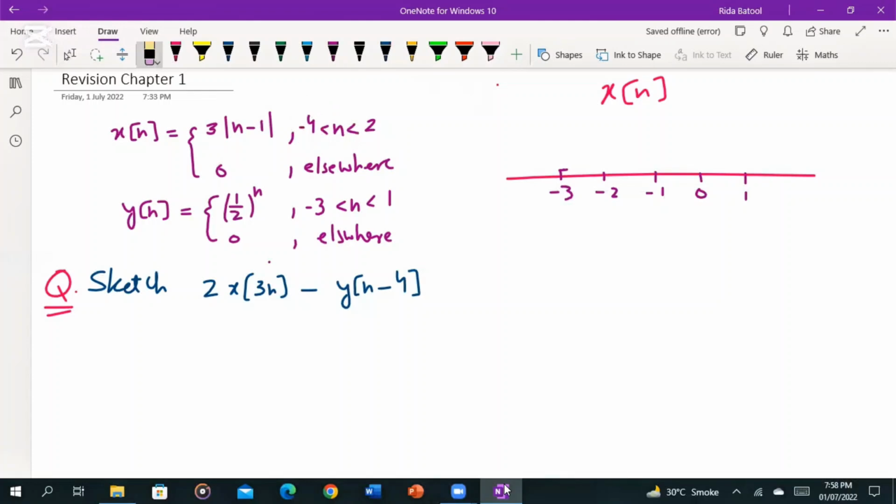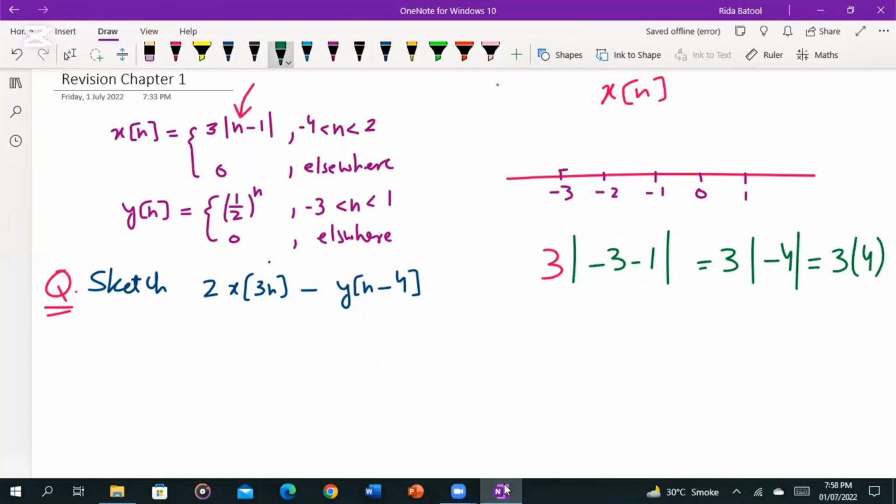Now put the values of n over here, because the magnitude of x of n depends upon the value of n. If you put n equals -3, you will get -3 -1 = -4, and the modulus will make it positive.